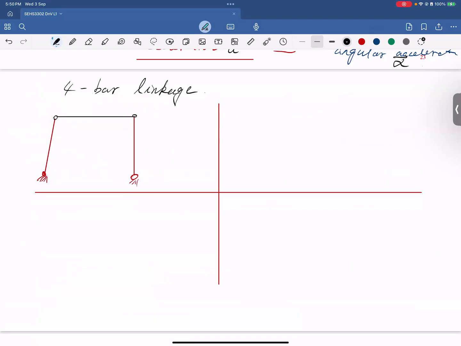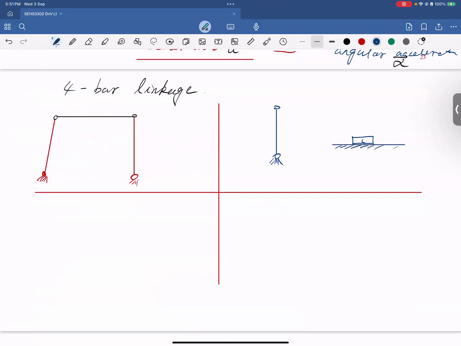The other one is the combination of rotation and linear motion. For example, we have a link that can rotate about this center. And then we have a slider that can slide along its own rack.